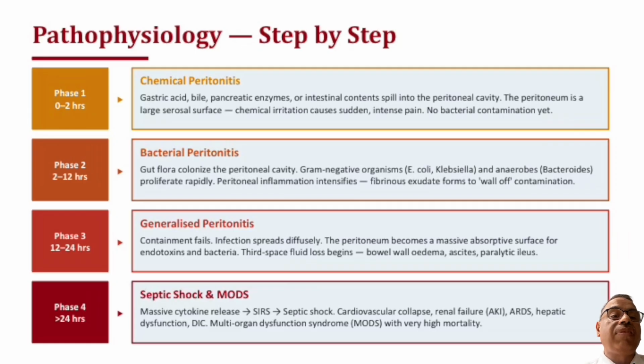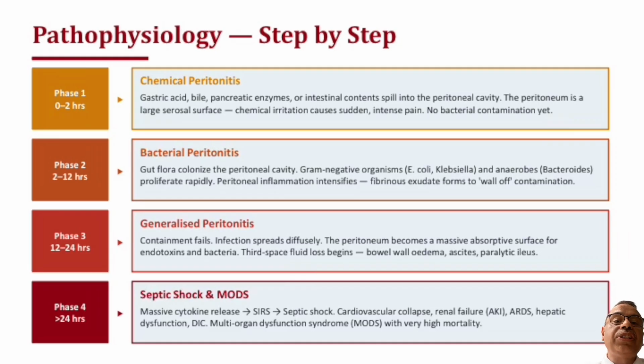The peritoneal inflammation intensifies and a fibrinous exudate forms and tries to wall off the contamination. So here it has gone into classical bacterial peritonitis. Now the body tries to contain the damage by walling off the spillage by forming a fibrinous exudate wall.